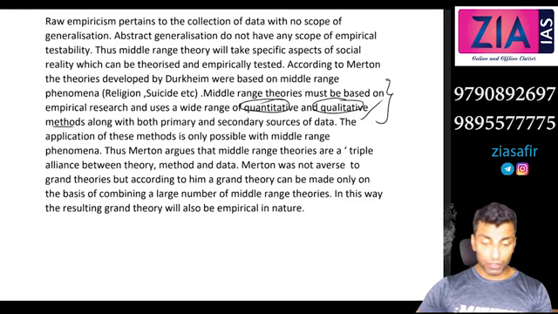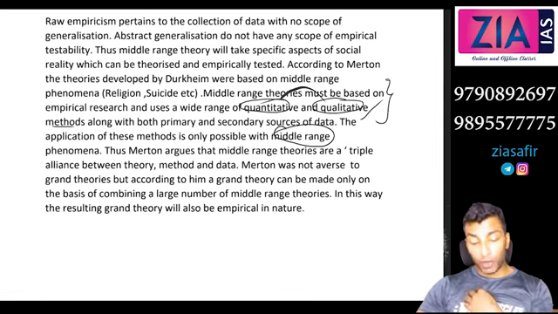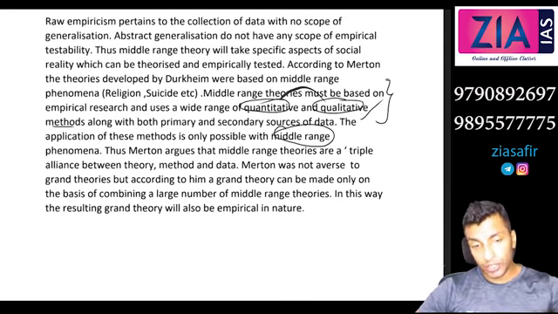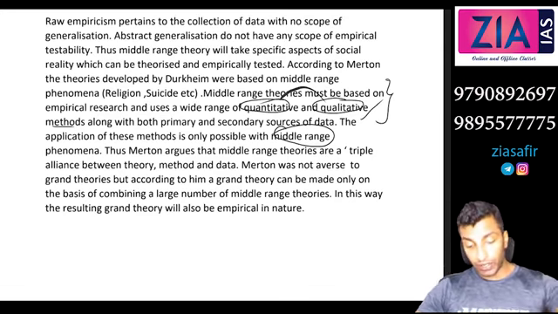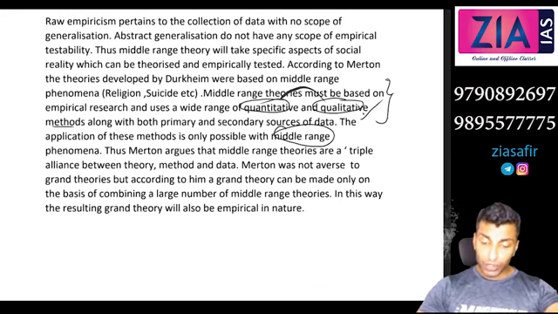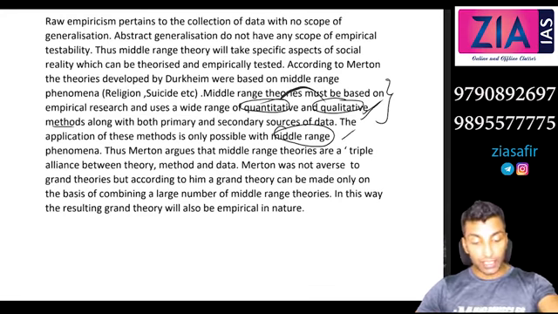Now researchers use both methods as per convenience. The application of these methods is only possible with middle range phenomena. The problem with Parsons is he does not use any specific method, because he goes for abstract generalization. If you need to use methods, you have to choose middle range phenomena, because it has to be empirically collected and tested.